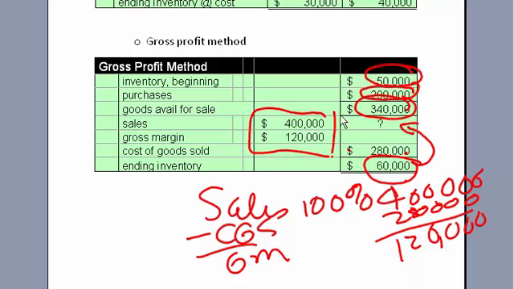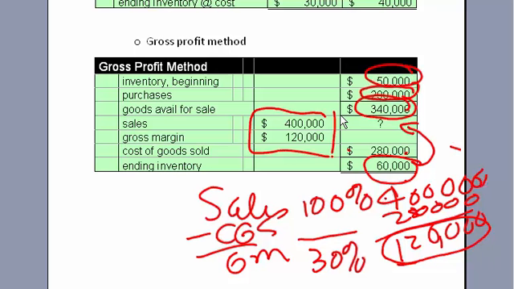If we know our sales is 100% and we know that our gross margin is 30% constantly, time after time, then 30% of the 400,000 is 120. Therefore, by definition, if our sales are 400,000, our gross margin is 120, 280 must be our cost of goods sold.